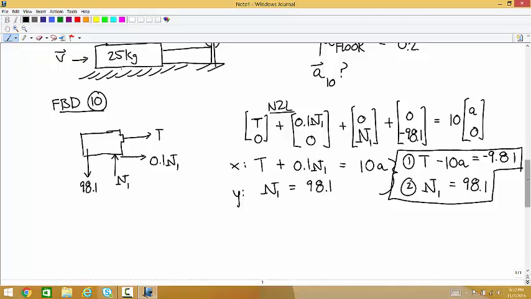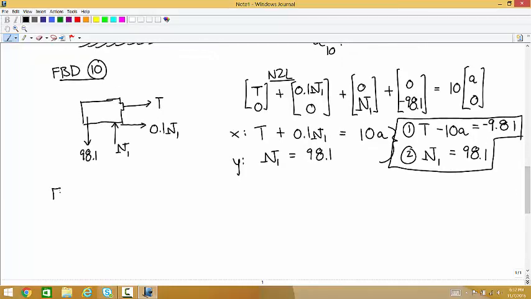And now we'll isolate the 25 kilogram. Okay, so there's a weight, 25 times 9.81. That is 245.25, I think.